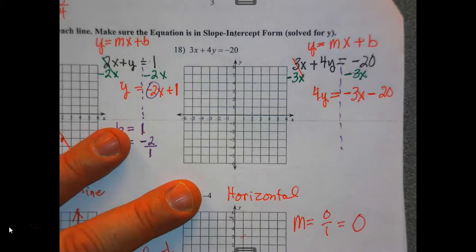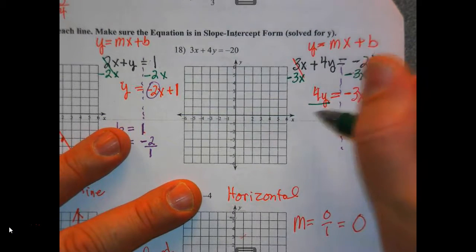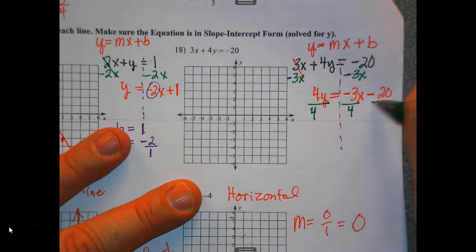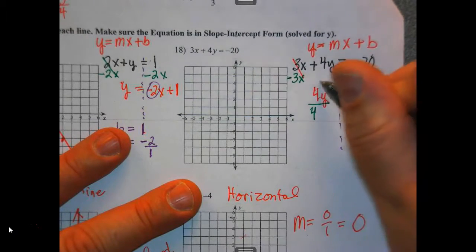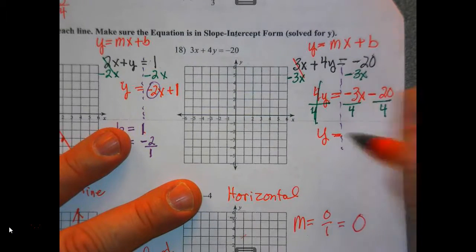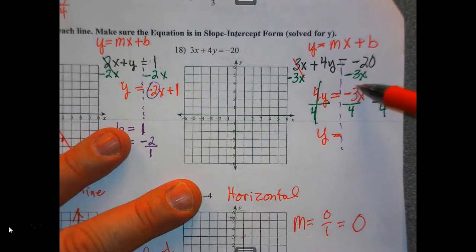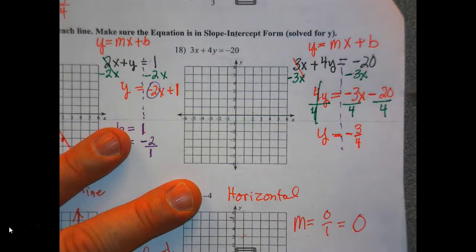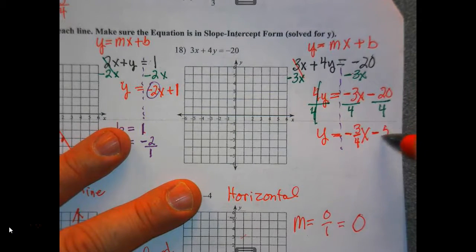Then I'm going to divide every term by the coefficient 4. So I get my y by itself. My fraction here, negative 3/4 x, and then negative 20 divided by positive 4. It's going to be a negative 5.